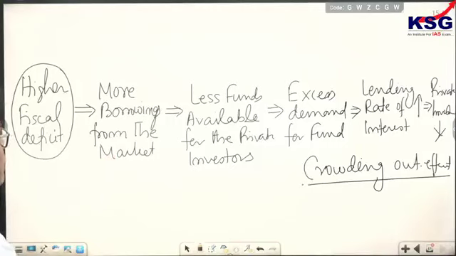Less funds available for the private sector, that is, private investors, which leads to excess demand for fund. And if there is excess demand for fund, then finally the lending rate of interest will go up, and that results in private investment decreasing, and it is known as a crowding out effect. Clear?